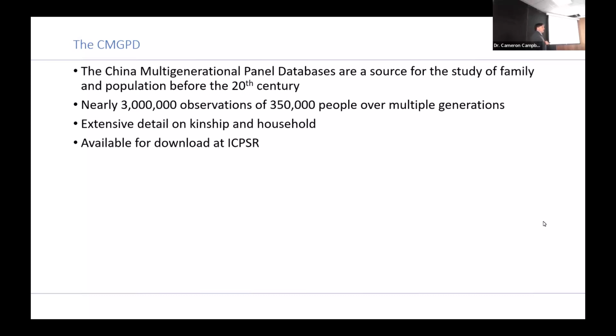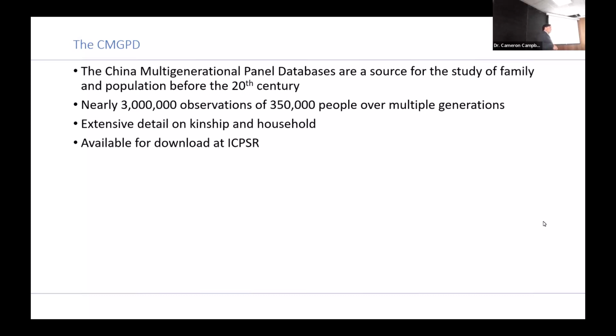I think the most distinctive feature of these data is that they follow families, at least they follow patrilines over time, especially the Liaoning data set. There are some other historical data sets in Europe which are multi-generational, like some Swedish register data sets and so forth. Those tend to be a little bit harder to work with.